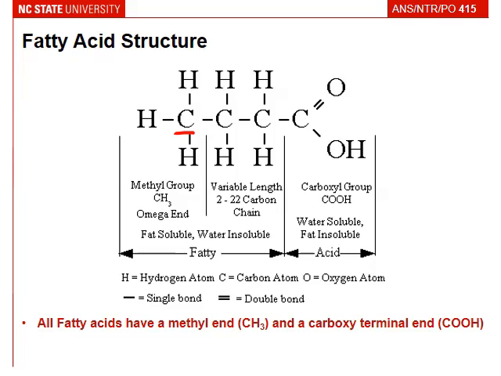This is also referred to as the omega end. And on the other end, we have our carboxyl group, which is a COOH, so we have a carbon double bonded to an oxygen and a hydroxyl group. So this is the water-soluble end, and this is also referred to as the delta end.